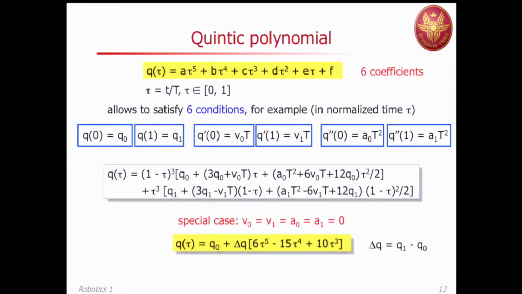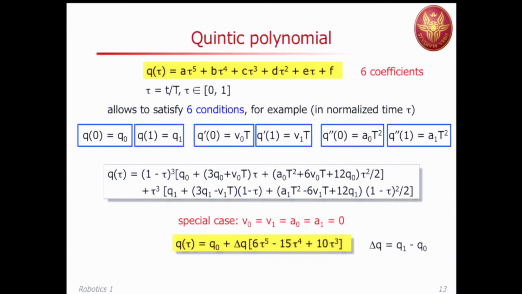Again, I'm starting just to show, I'm starting from something in between. So I'm using now a quintic polynomial, normalizing only with respect to time, not normalizing on space. This quintic polynomial has 6 coefficients. It means that we can impose up to 6 conditions.